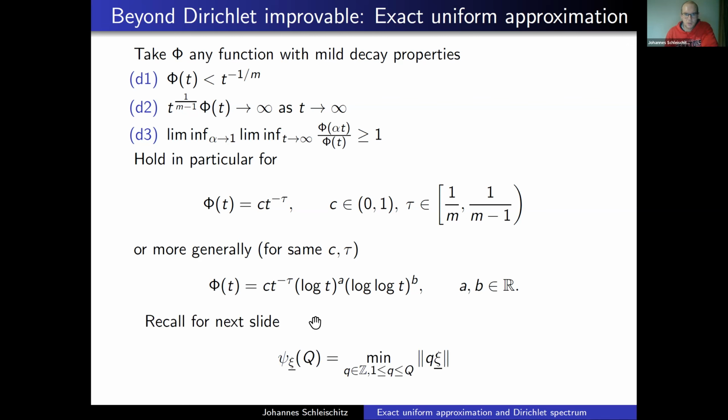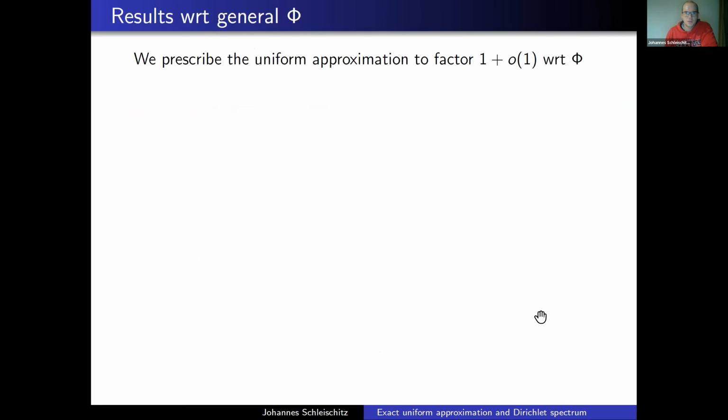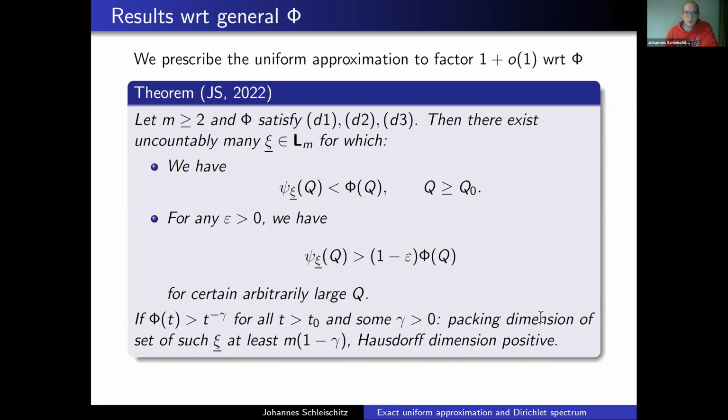Okay, for the next slide, I want to again remind you what my approximation function psi was, which modeled the approximation as you go within capital Q. And for these functions, I can still have basically the same as I had for the special functions, c times t to the minus 1 over m. So you can approximate always by as good as psi. And for certain large Q, you have the reverse inequality by a factor arbitrarily close to 1.